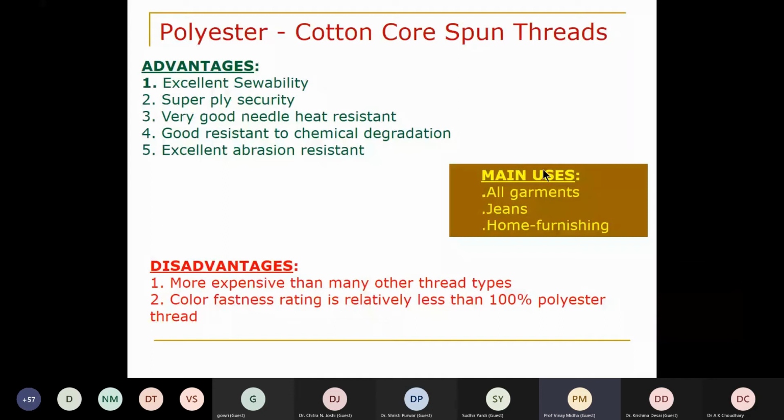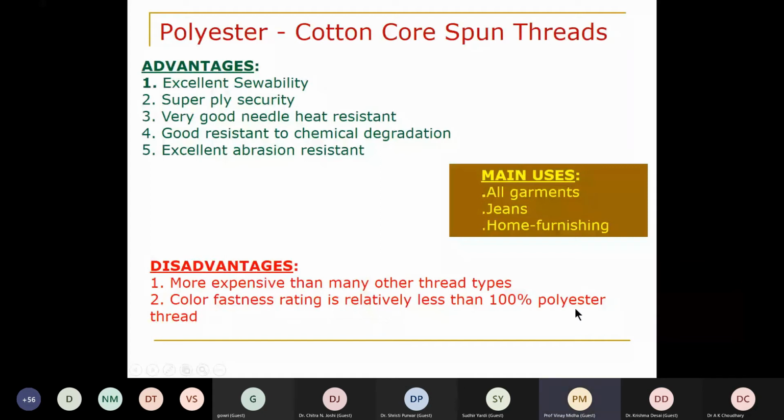So they give excellent sewability with minimum breakages during the sewing process, super ply security is achieved, very good needle heat resistance, then good resistance to chemical degradation also, and excellent abrasion resistance. But they are more expensive than many other types of sewing threads, and the color fastness rating is relatively less than the polyester threads.